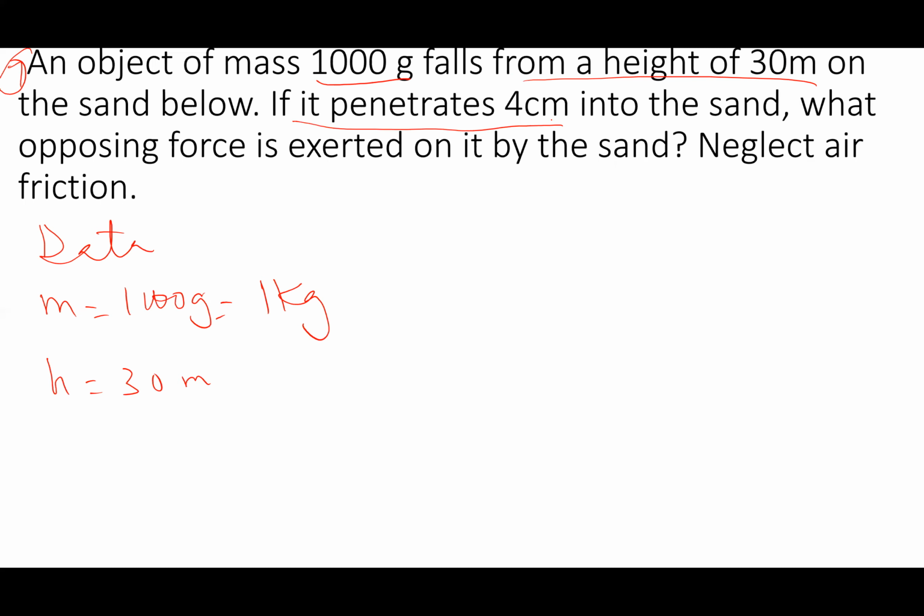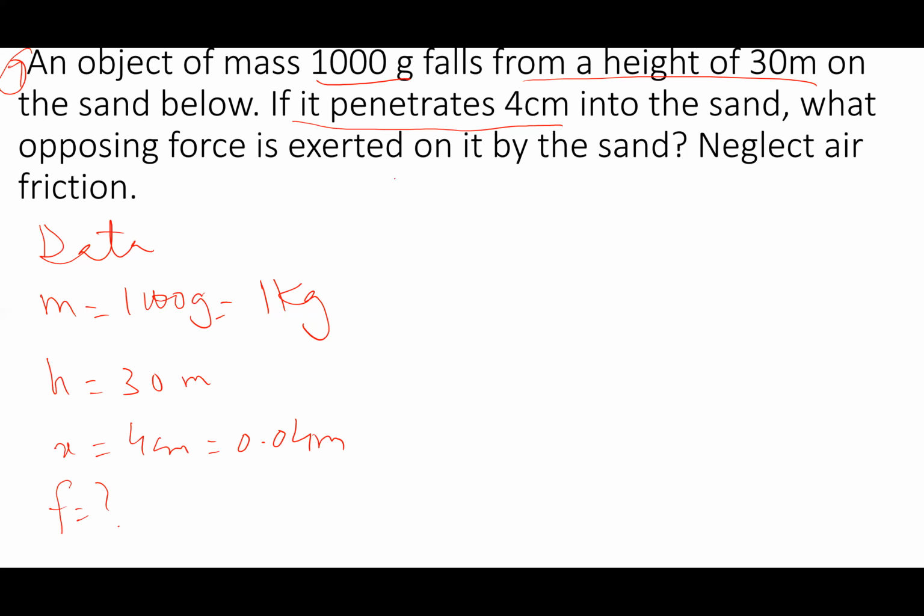It penetrated in the sand 4 centimeter. X is equal to 4 centimeter, so 0.04 meter. What opposing force is exerted on it by the sand? Force of opposition, we have to calculate this one.